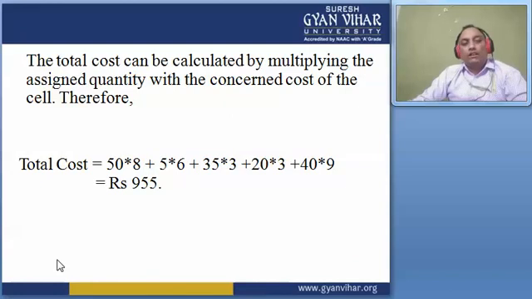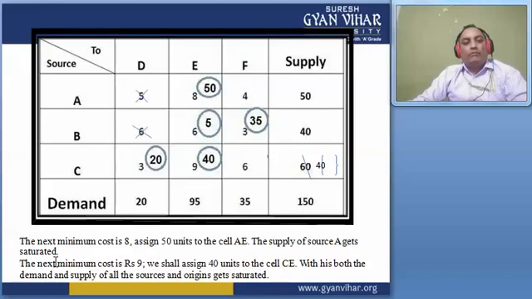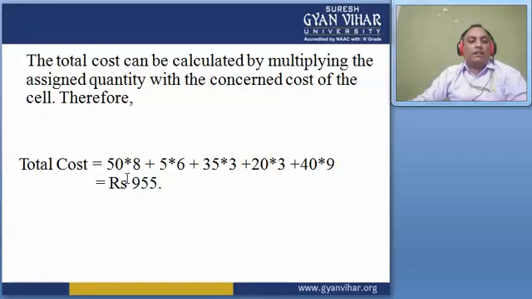Then the total cost is 50 into 8, 5 into 6, 35 into 3, 20 into 3 and 40 into 9, and the minimum value for this case is 955.